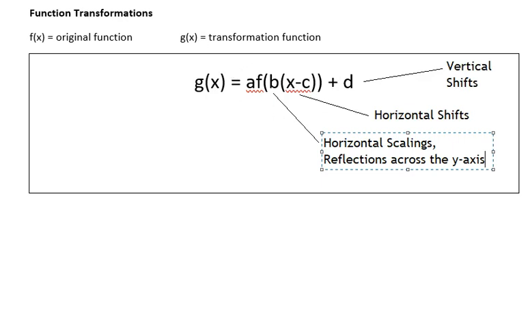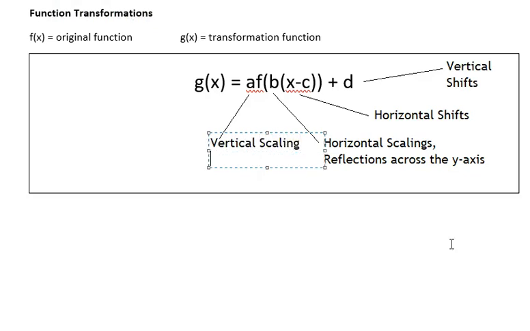Then A is our vertical scaling transformation. So A is where we place our vertical scaling. If we want to affect a vertical scaling, then we would change A. This is also where we would do a reflection across the x-axis.